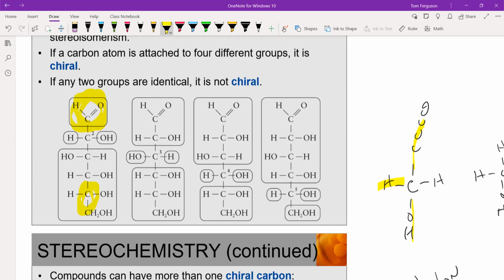If the OH is going to the right, it is a D. So this is going to the right. If it goes to the left, it'll be an L.